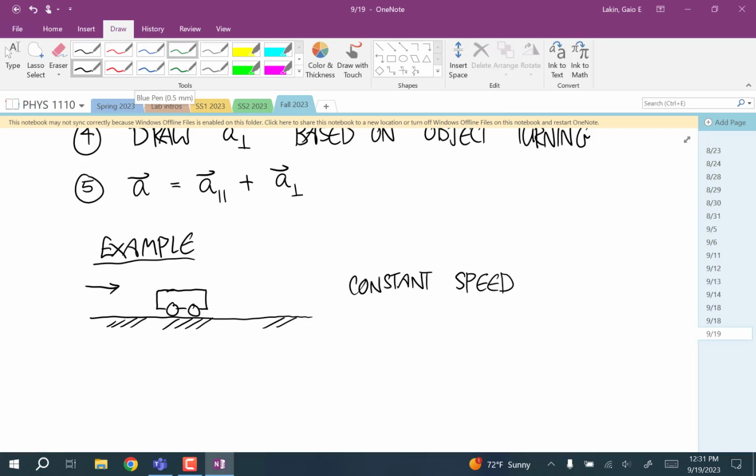I'm going to draw the object's path through the center of the object. So the path looks something like that. Okay. Next, the velocity vector is tangent to that path in the direction of motion. So here's the velocity.